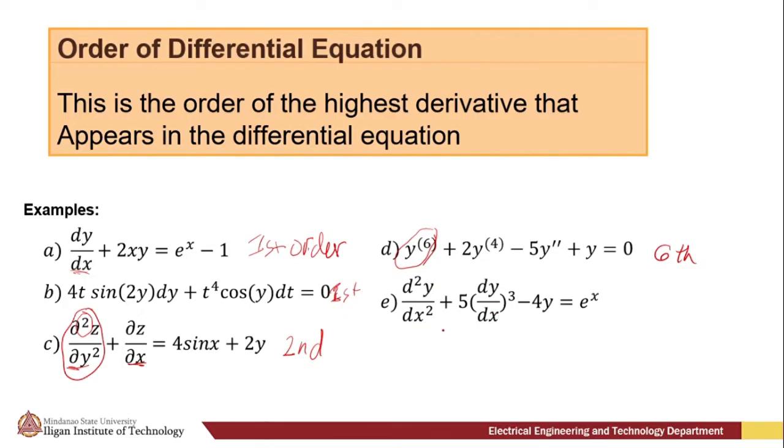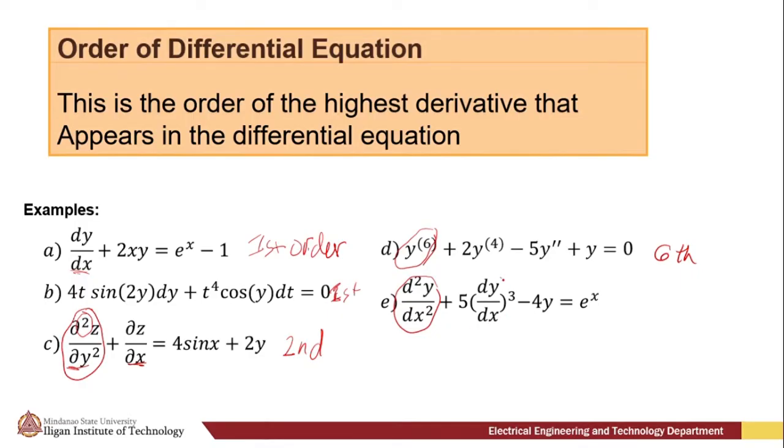Now for letter E, we have d squared y over dx squared plus 5 times the quantity dy over dx raised to 3 minus 4y equals e raised to x. The order of the differential equation here is 2 because this contains the highest order of derivative.